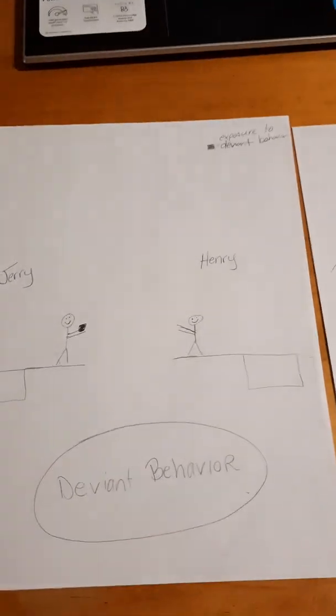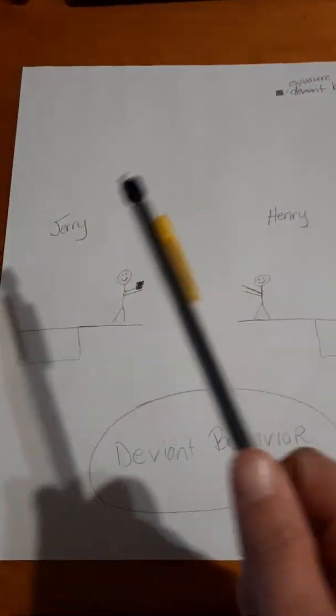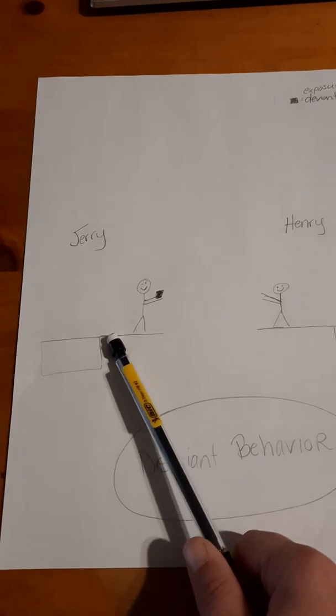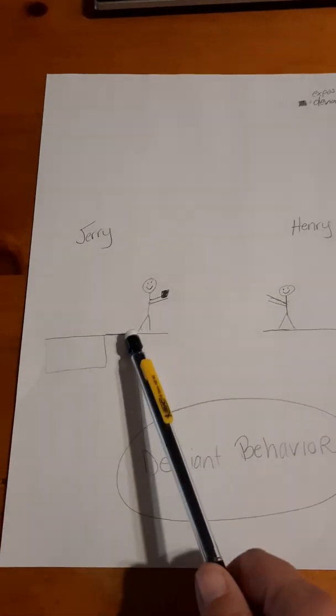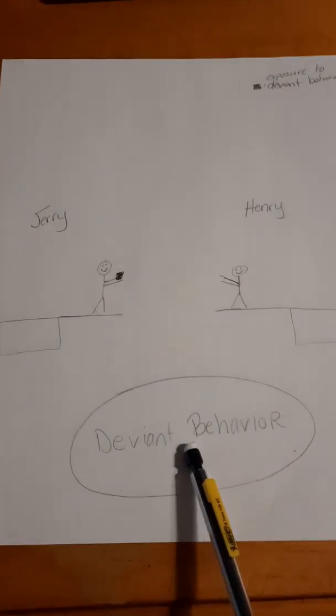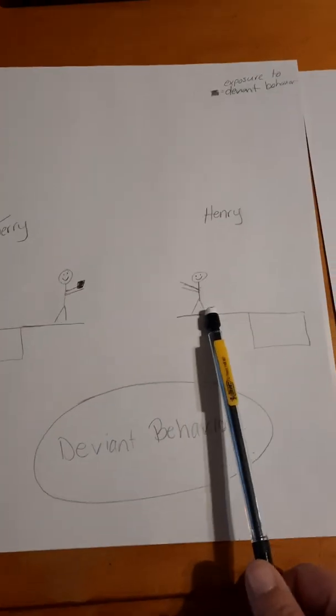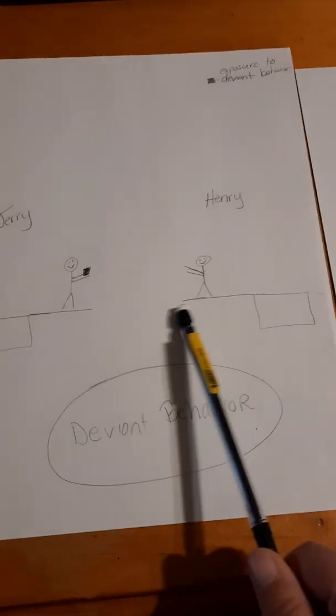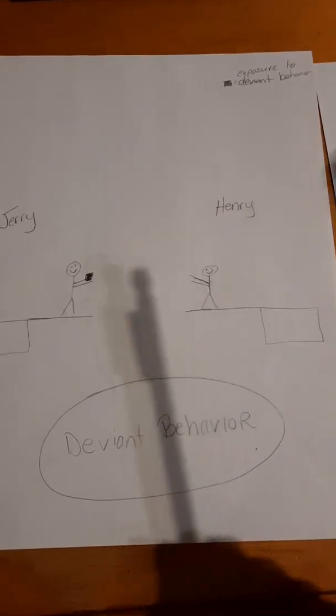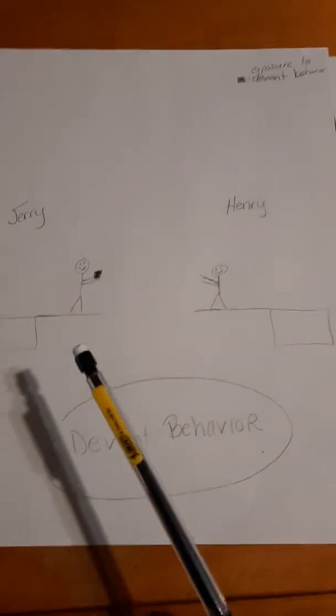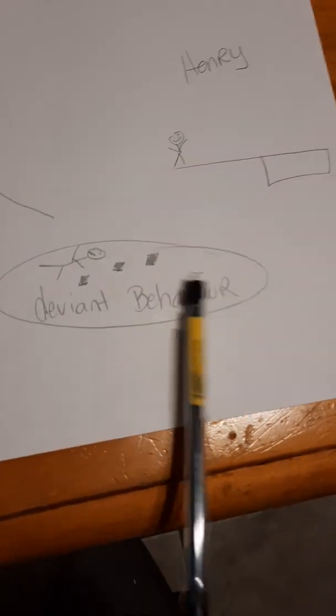So this theory has its strengths, such as showing why kids such as Jerry, who see deviant behavior all the time, may follow in the path of deviant behavior. And showing the children who are not exposed, they still have the good diving board that they're on.